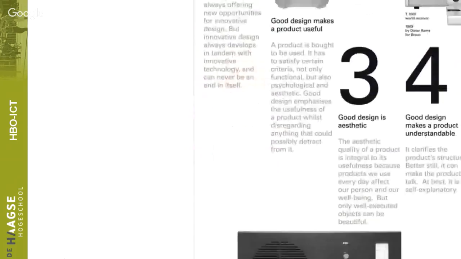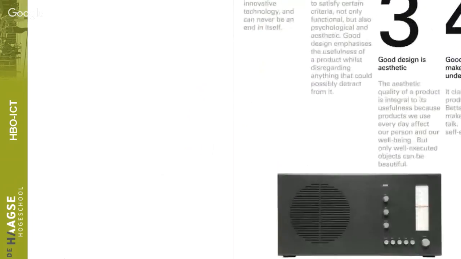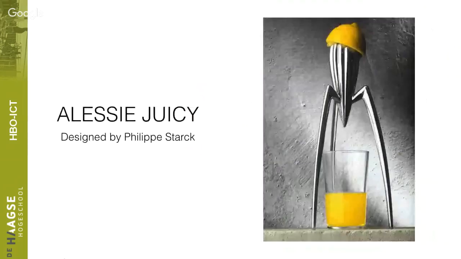Okay, good design is aesthetic, which means that it looks good. So here we have a very designed juicer where you put the piece of fruit on the top and the juice comes to the bottom, and you see that the legs of the juicer are angled upwards so that the juice cannot go down the legs of the juicer, and all the juice comes down at the center of the juicer that goes down to your cup.